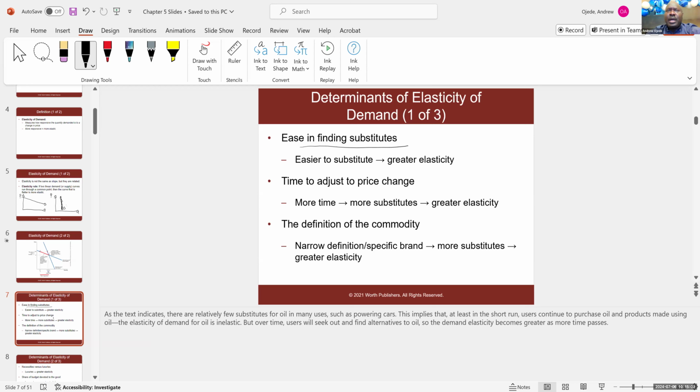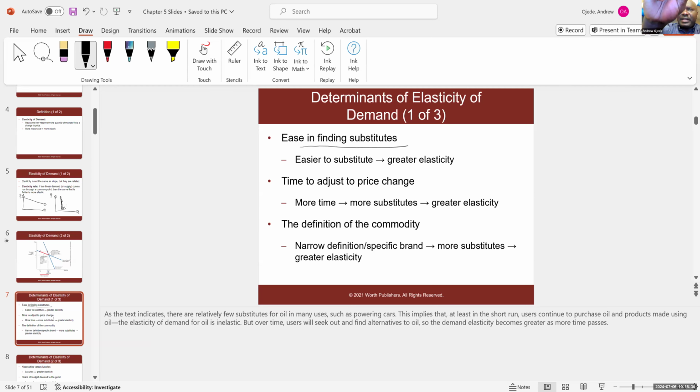So consumers are going to respond very little. That means if the price of the good goes up by 1 percentage point, the decrease in quantity demanded is going to be less than 1 percentage point. There's a small, less than proportionate response in quantity demanded for any change in the price.